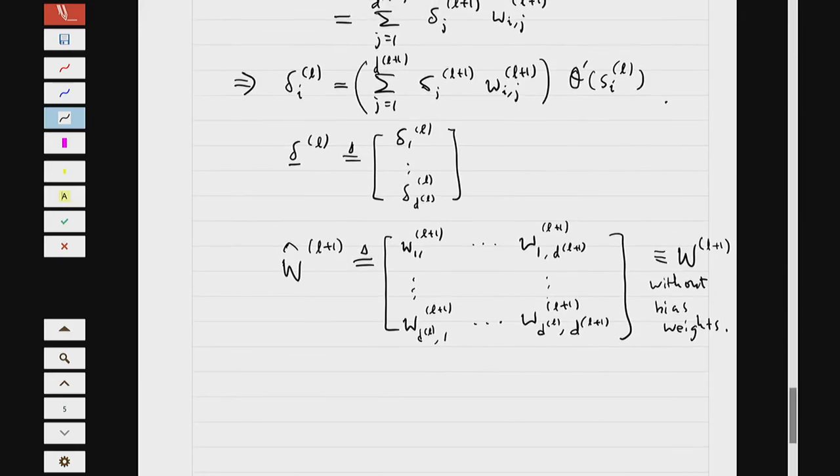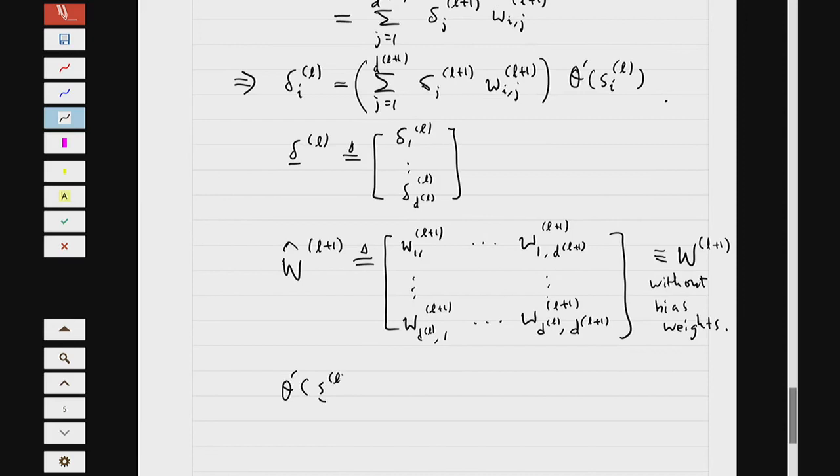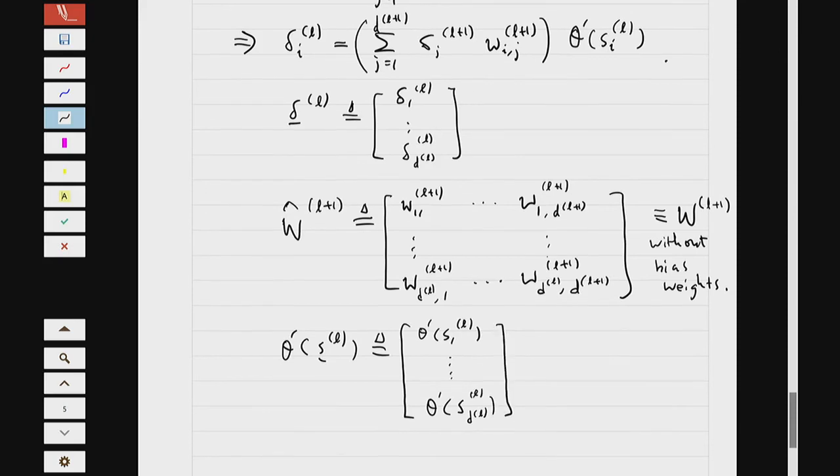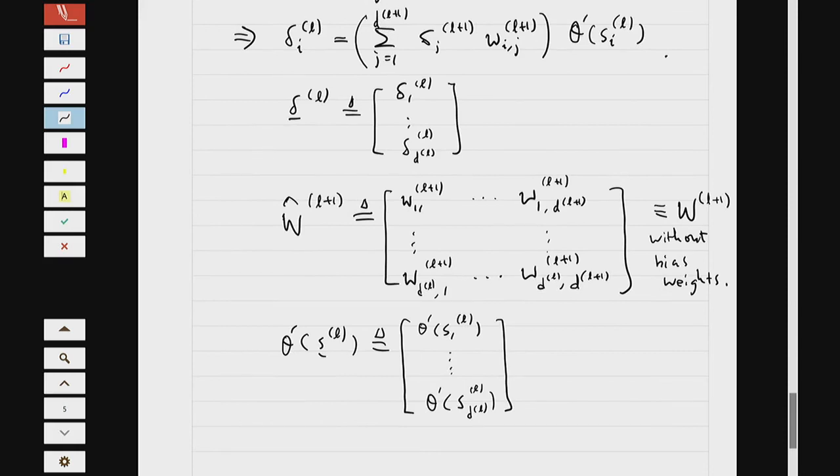And we still need one more vector, the theta prime. We're going to define theta prime of the vector S^L, just by definition, as the vector of theta prime of S_1 of L, and then all the way to theta prime of S_{d_L} of L. Again, a lot of this at this stage is really to keep track of the indexes, to make sure that your accounting is correct.